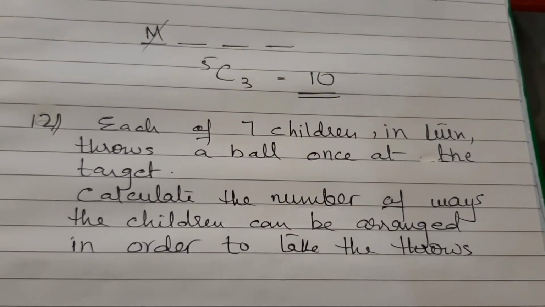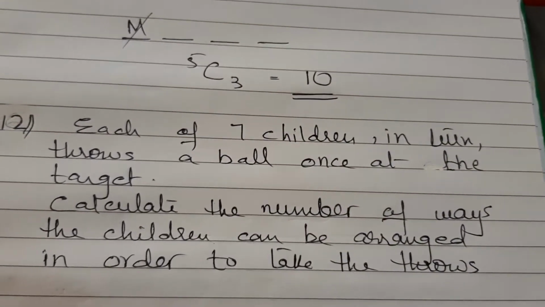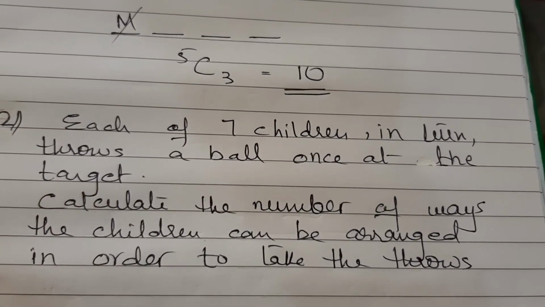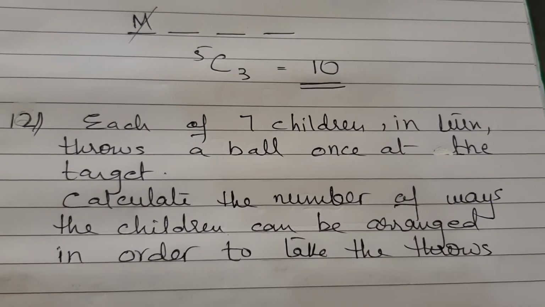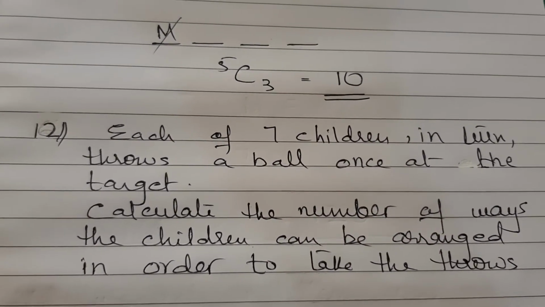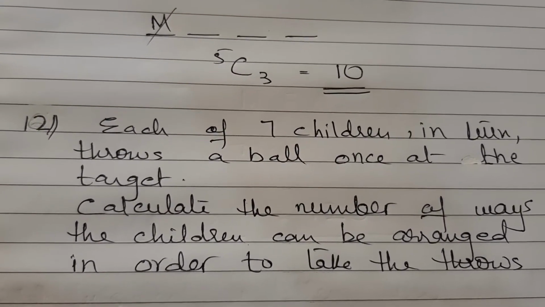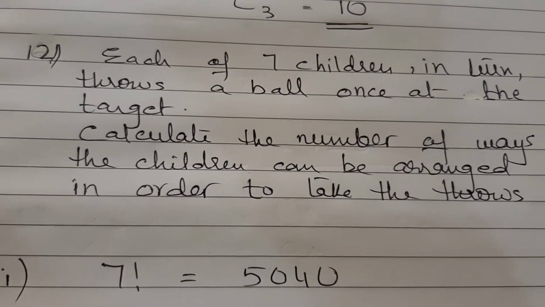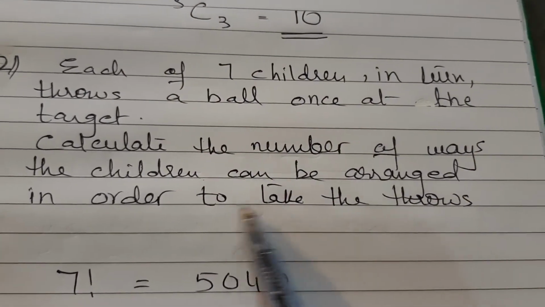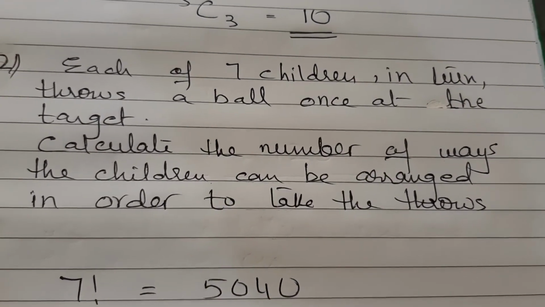First part is only talking about throwing. So 7 children, so anyone can come first. Then if the first child has thrown, how many are left? 6. Then 5. So what comes to your mind? 7 factorial. So that is the number of ways children can be arranged in order to take the throw, right?